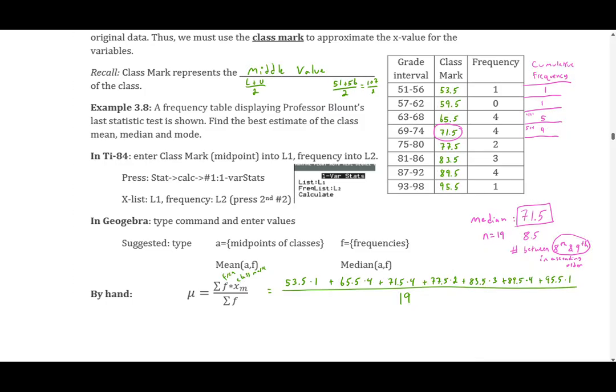I'll do the mode in blue. The mode, again, is the most common, or the highest frequency. Not most common, most occurring.